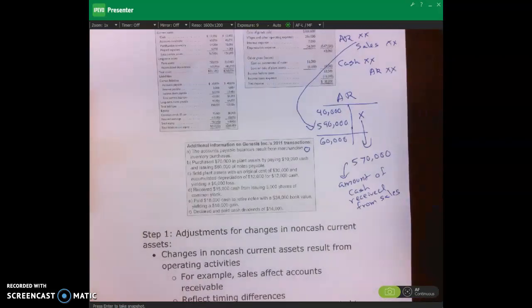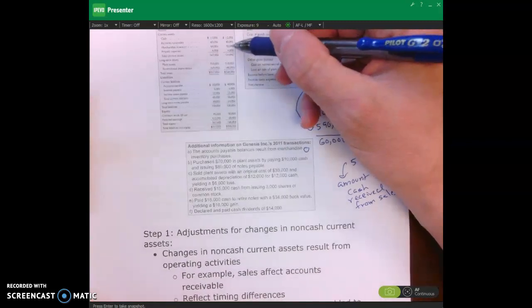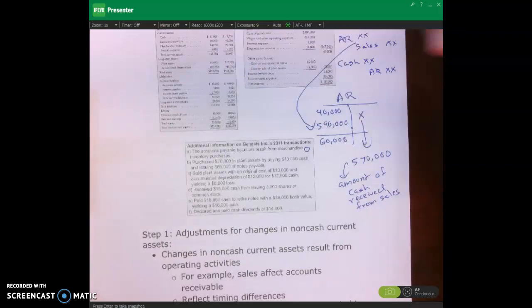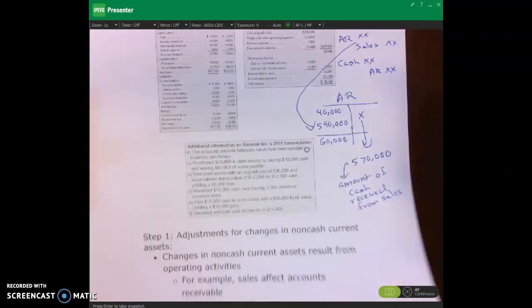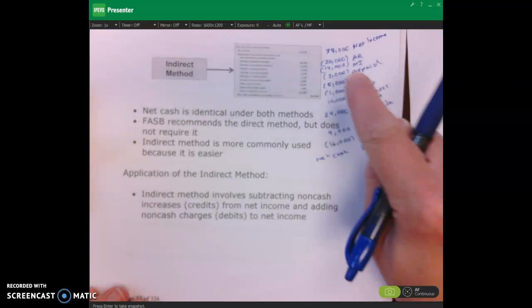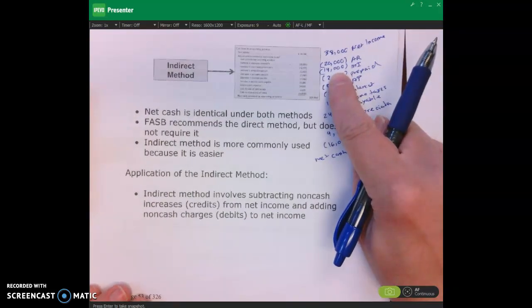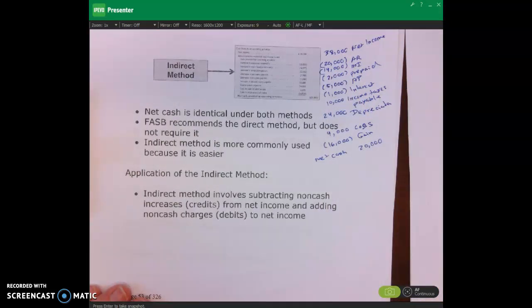With merchandise inventory, $70,000 increased to $84,000. The difference is $14,000. That increase is also subtracted. Remember, the rule is increase is subtracted. If it decreased, it would be added, but in this case, it increased, so it's subtracted.